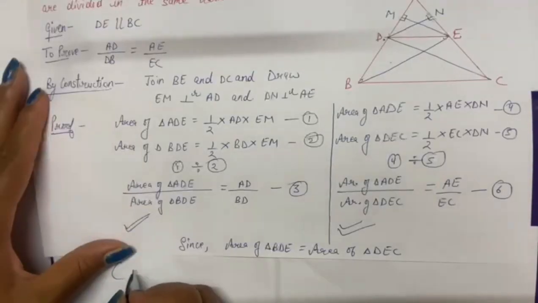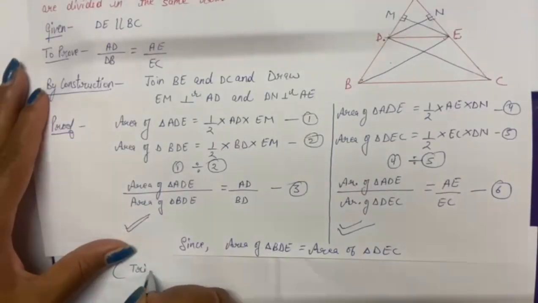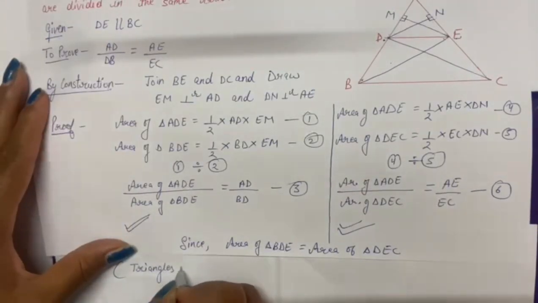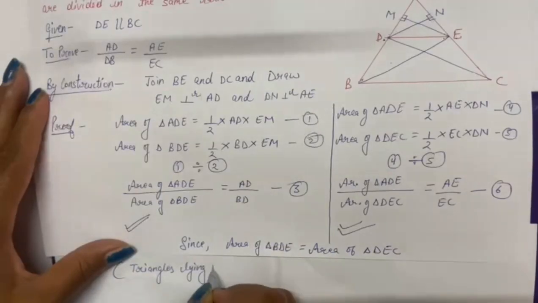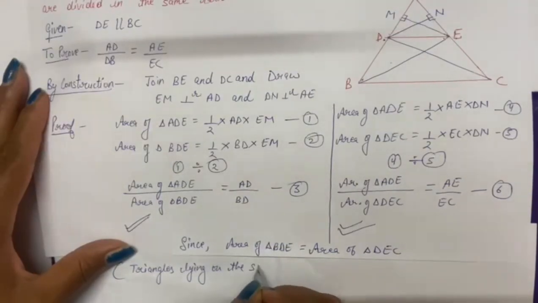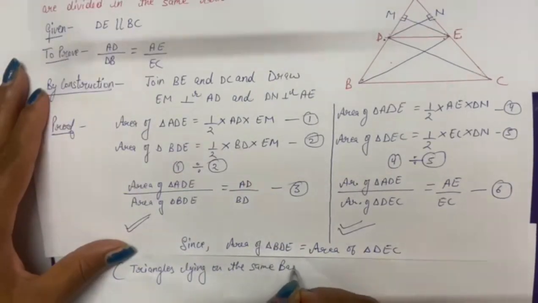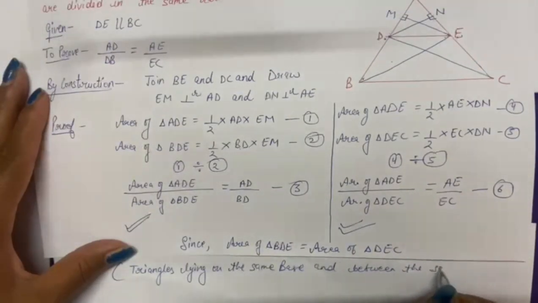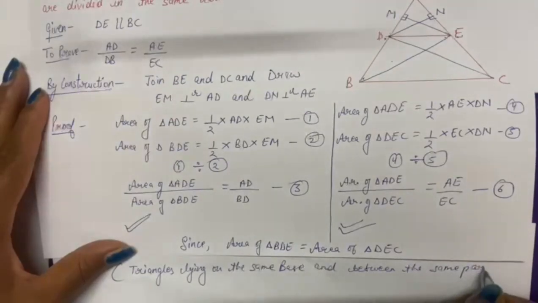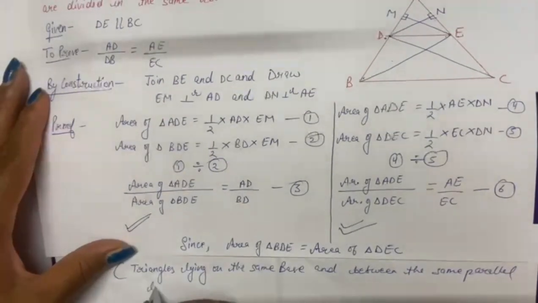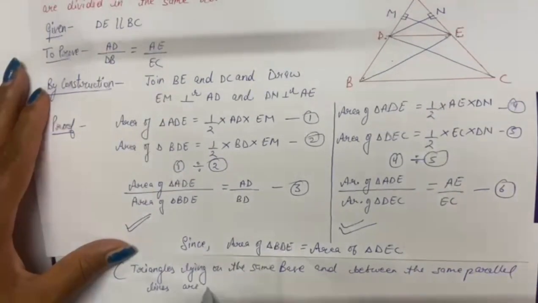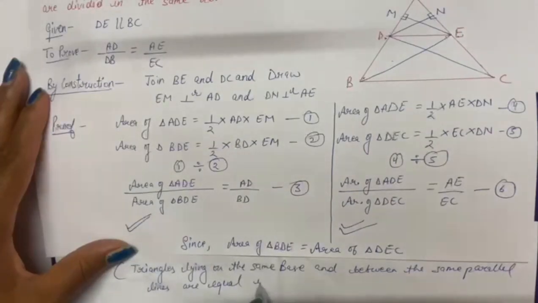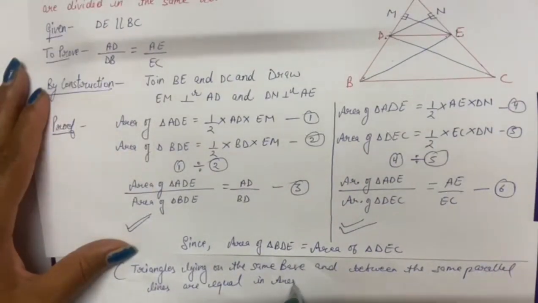The reason here is that triangles lying on the same base and between the same parallel lines are always equal in area, right?